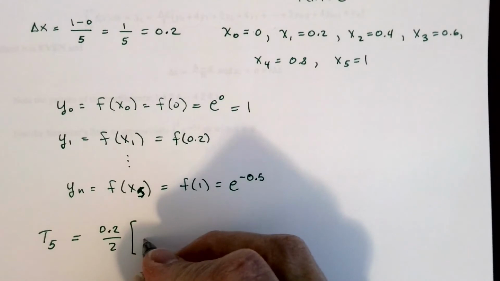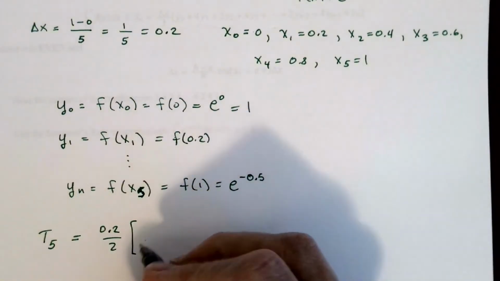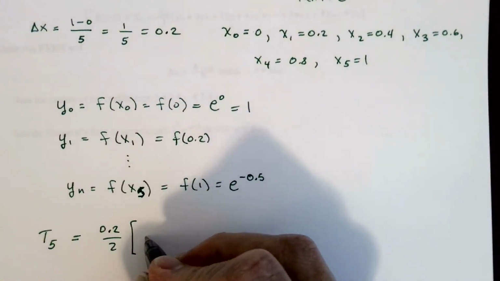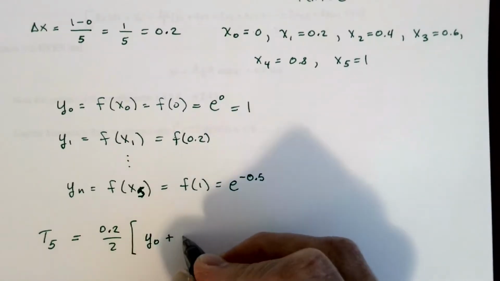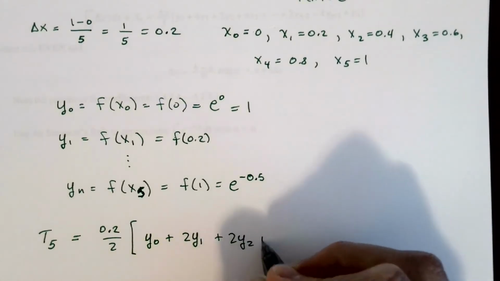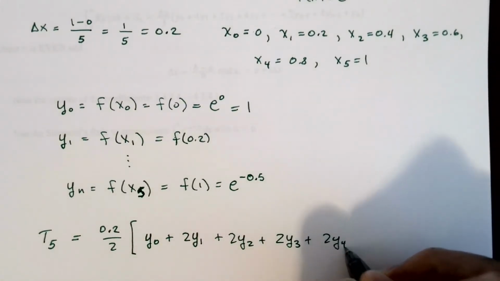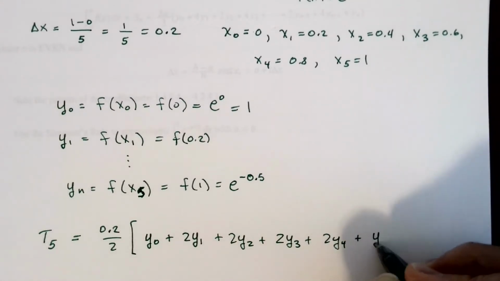So this will be y sub 0, and we know y sub 0 is equal to 1, but I'm just going to write this as y sub 0 plus 2y sub 1 plus 2y sub 2 plus 2y sub 3 plus 2y sub 4 plus y sub 5.